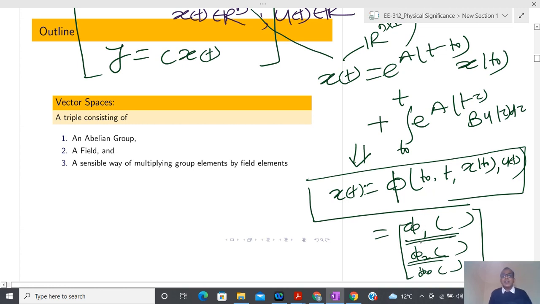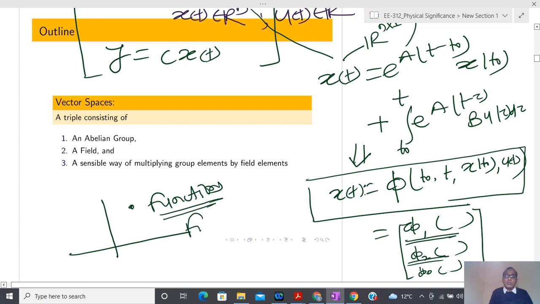It means that in a space it might be possible that I have elements that are represented by functions. So I have a space where each entry is in the form of functions, and this space I am going to call a functional space.